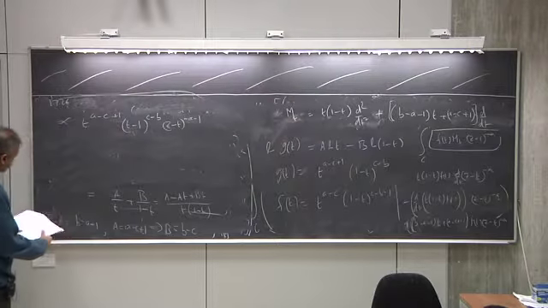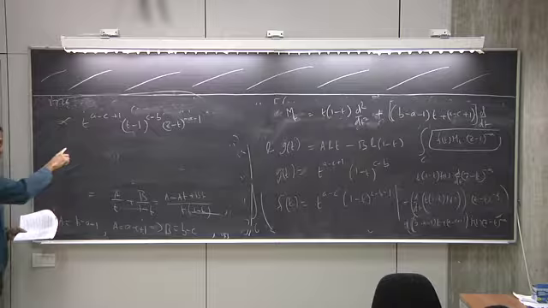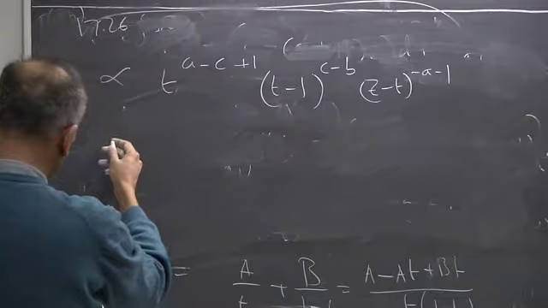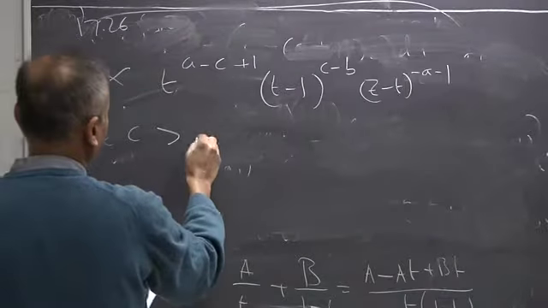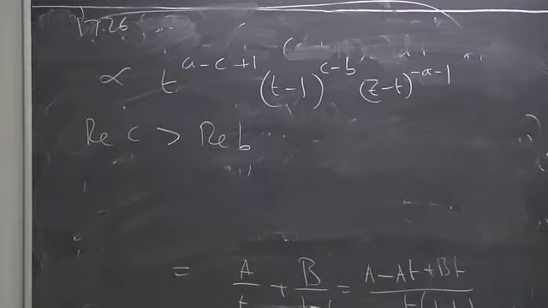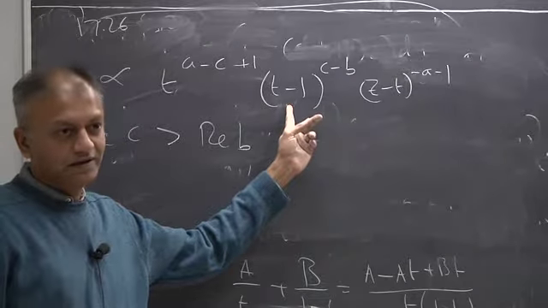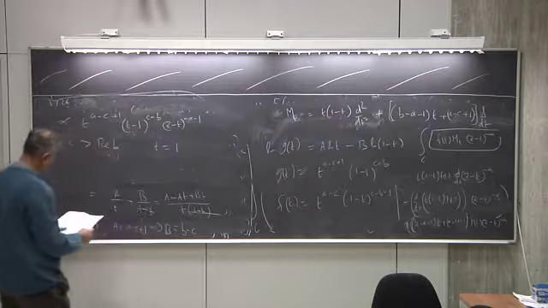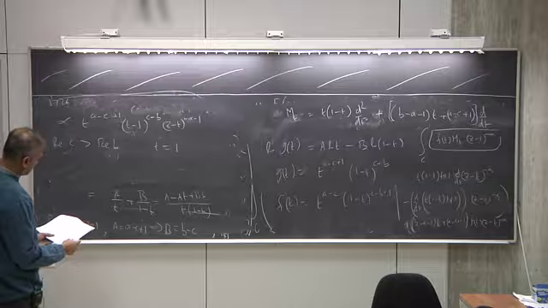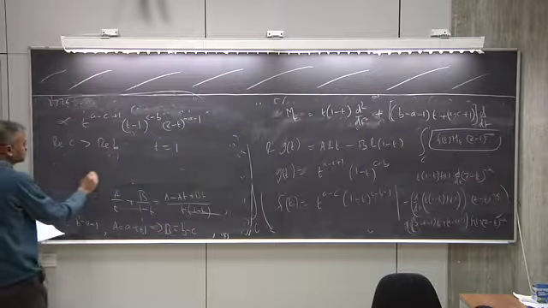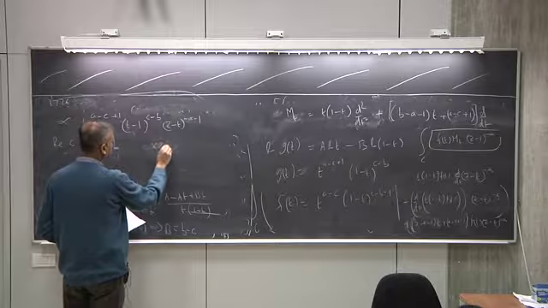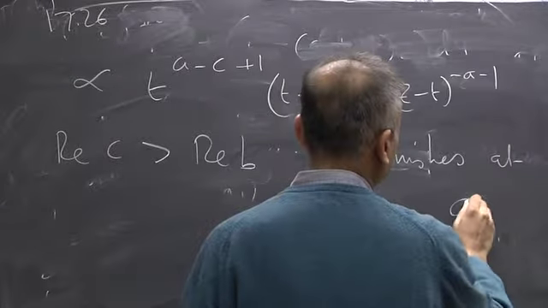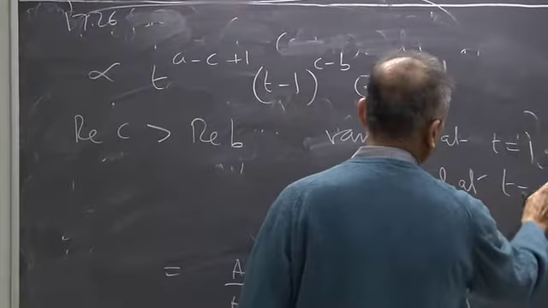And then you want the boundary contribution to vanish, depending on the region. So for example, if you choose real c greater than real b, then clearly at t equal to 1 this vanishes, right? And you can also show that this vanishes at t equal to infinity.